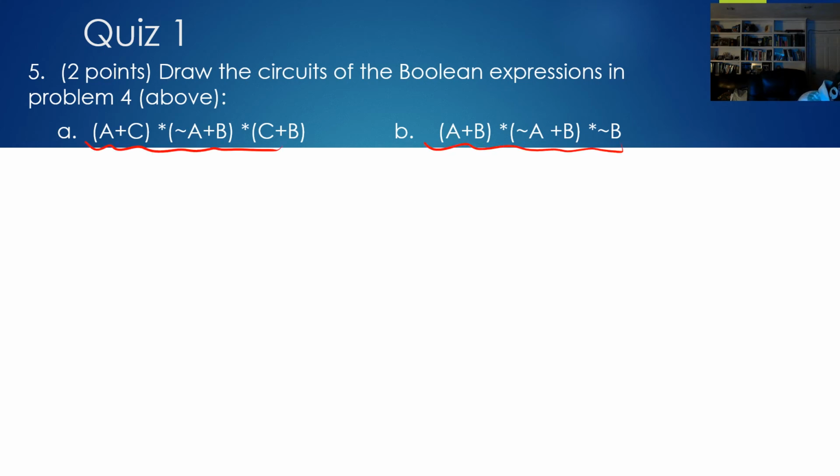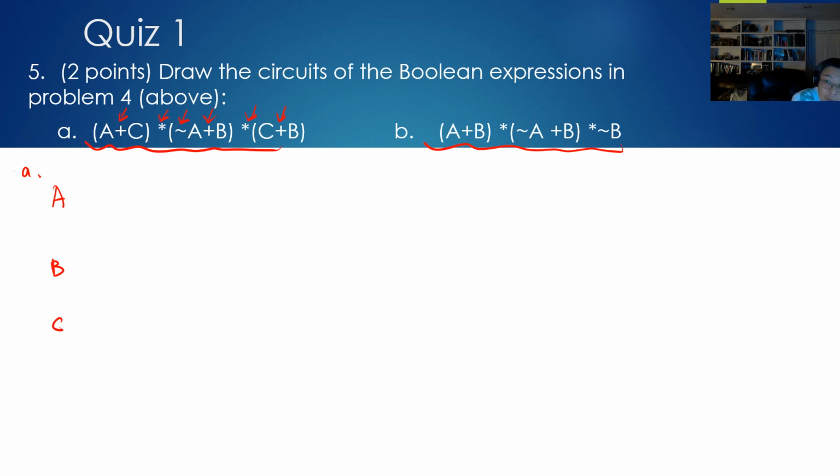Let's take a look at A. So now we have one OR gate, one OR gate, one OR gate. So you have a total of 3 OR gates, and you have 2 AND gates, and I have 1 NOT gate, right?